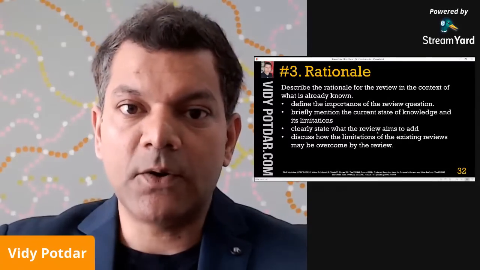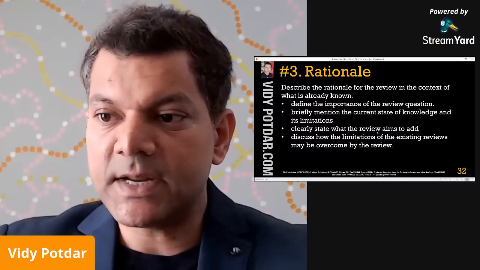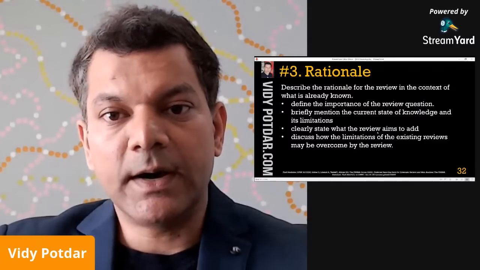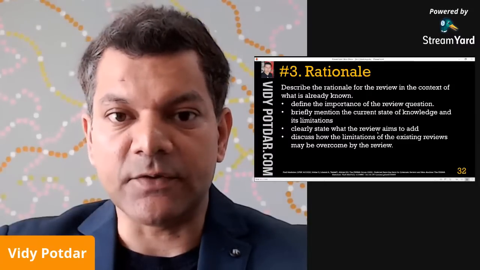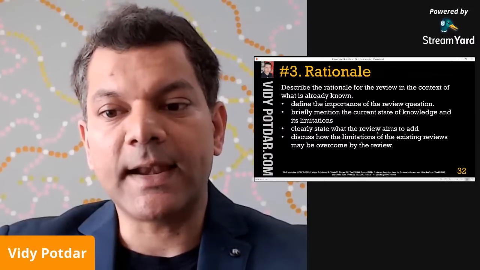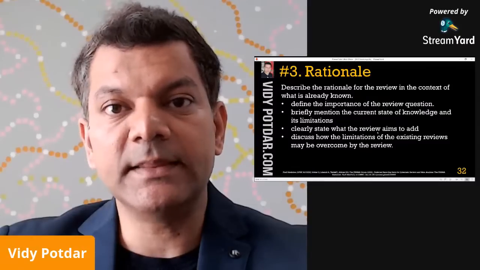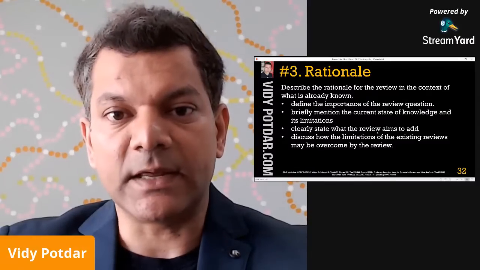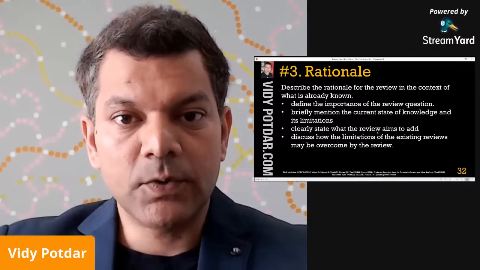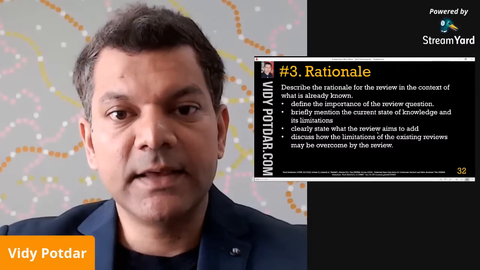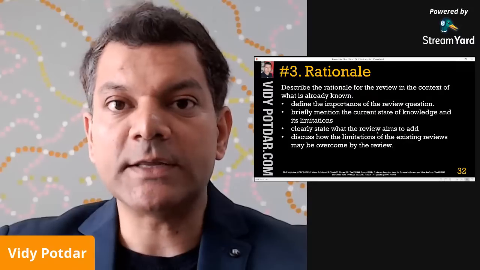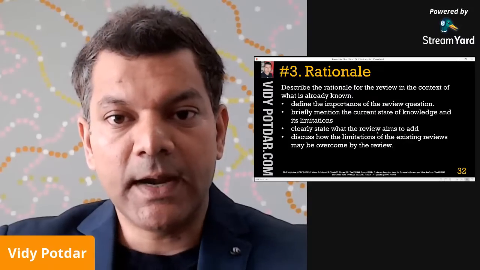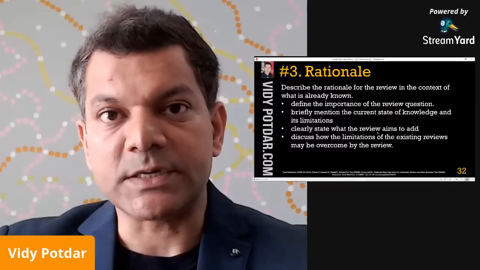Next, let's talk about the rationale. So rationale refers to why is it that you are doing the systematic literature review. I mentioned early on that you have to clearly explain the need for doing a systematic review. So in the rationale, you have to describe the review in the context of what is already known, define the importance of the review question.